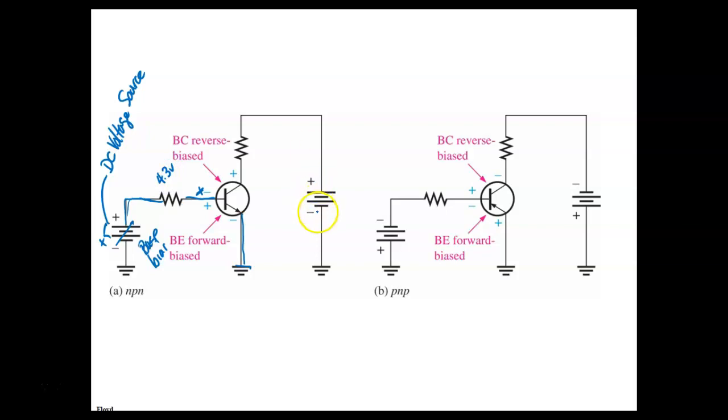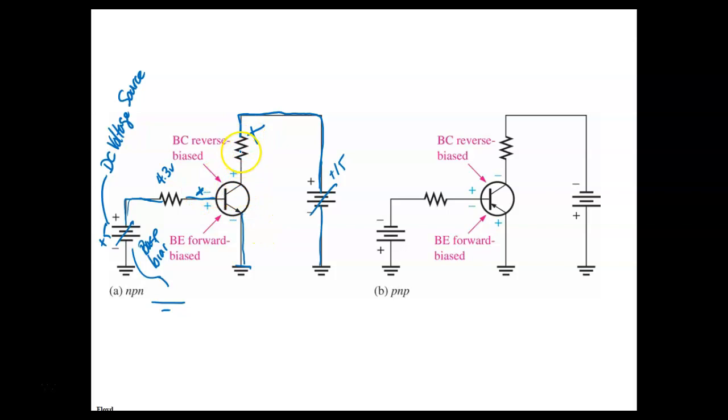Then notice over here, technically this should be drawn maybe as one straight line. This guy right here is going to be a lot higher. This is 5, let's say this is 16 volts, because we have to get the proper biases. So what happens is we come over here and we have this big plus and this little plus over here.